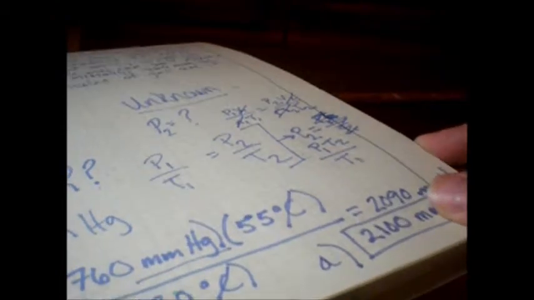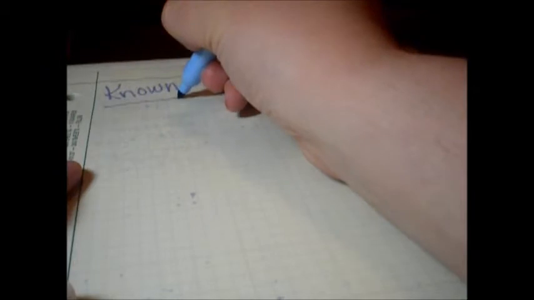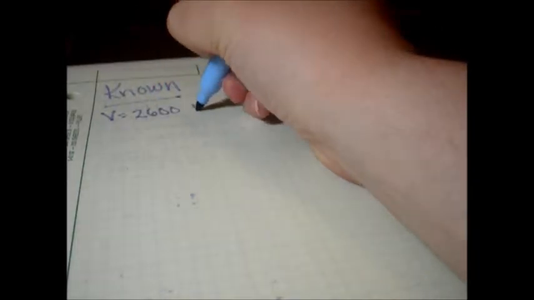So now for part B, we have to figure out how many moles of gas are in the car. We'll make a new knowns and unknowns chart. We now know a volume. We still know this. This was 2,600 liters. We know an initial temperature and a final temperature, 20 and 55.